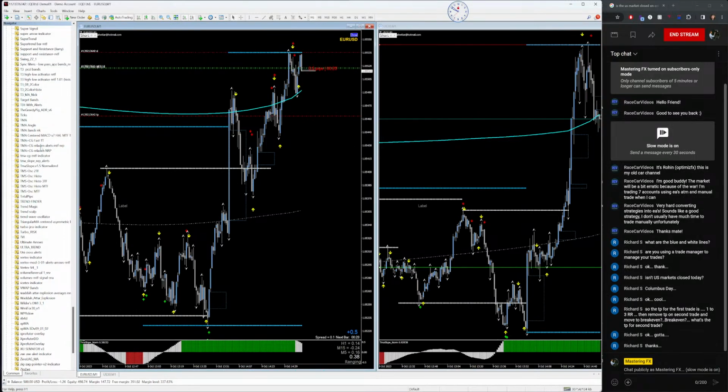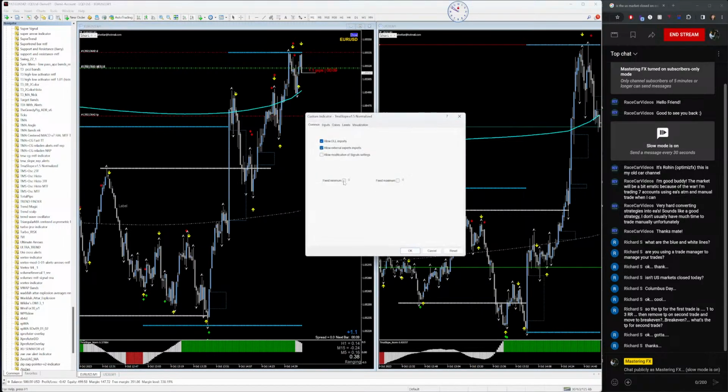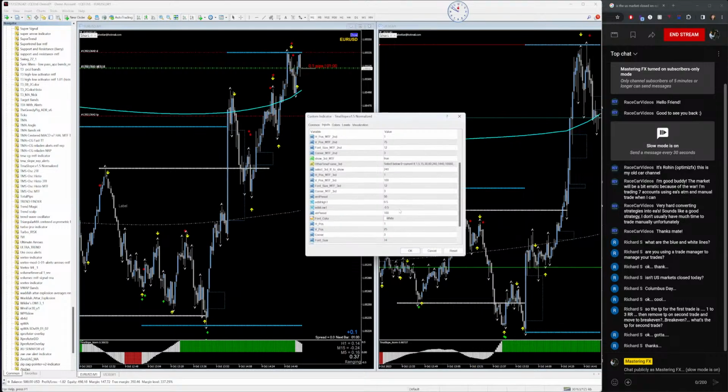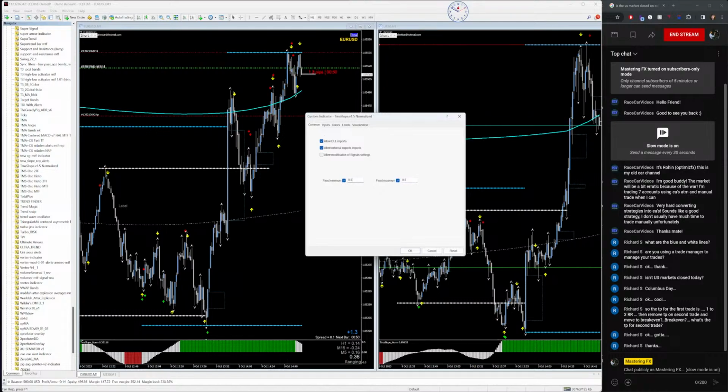Again, I'm still learning this as well. So that speed is 0.5. Oh, can I change this yet? Oh, I can. Okay, 0.3. Let's see if I can add two of the same indicator here.